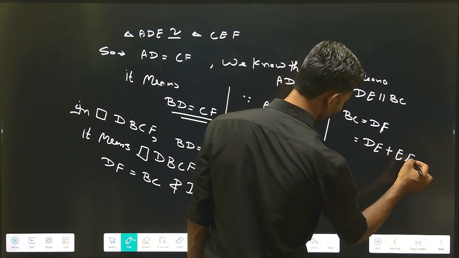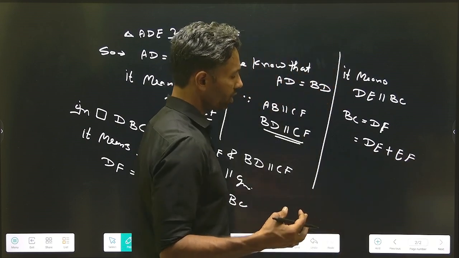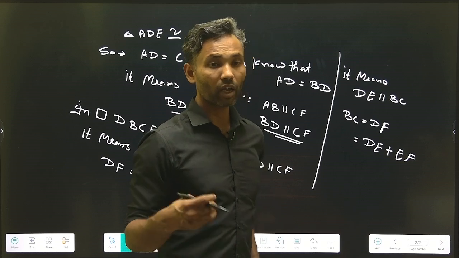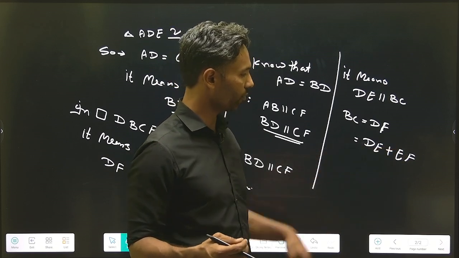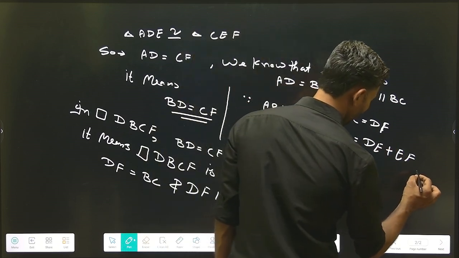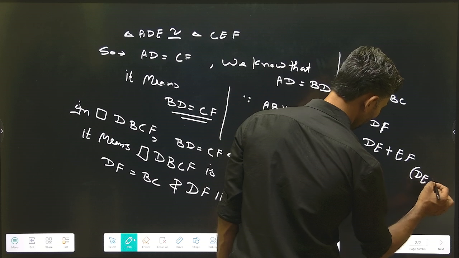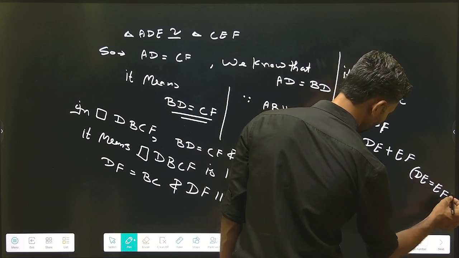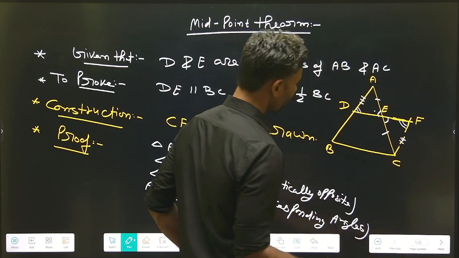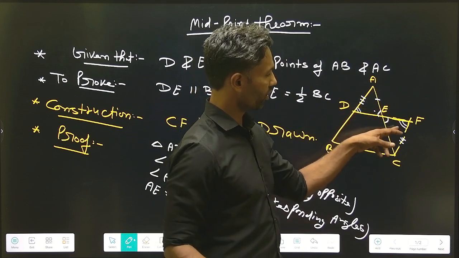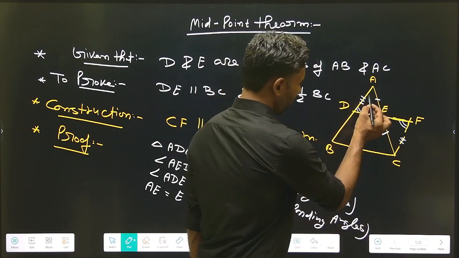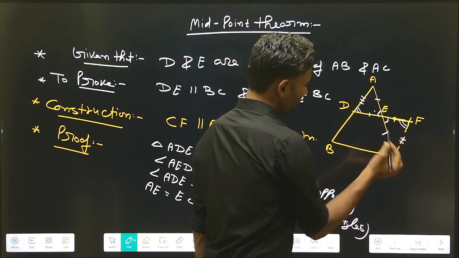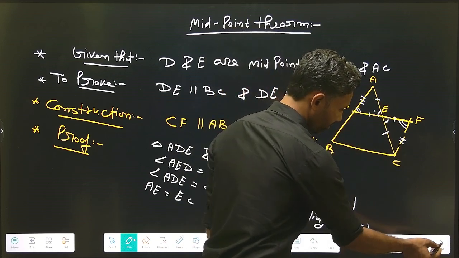Okay, students, and you already know that DE and EF both are equal. Why equal? I'm going to tell you. Because these two triangles are congruent, so these two sides will also be equal.